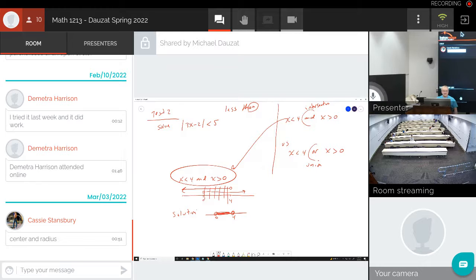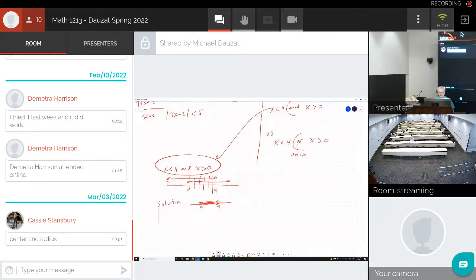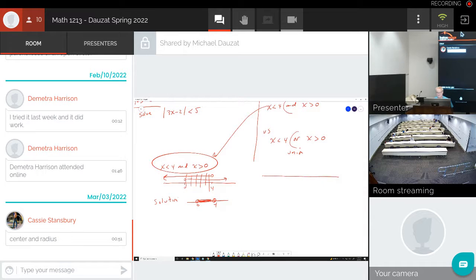If you look at that second one, that or statement, here's 4, x is less than 4 going this way, x is greater than 0 going this way. An or statement means the solution to this compound inequality will be either the solution to the first one or the solution to the second one, meaning that anything that's shaded is a solution.